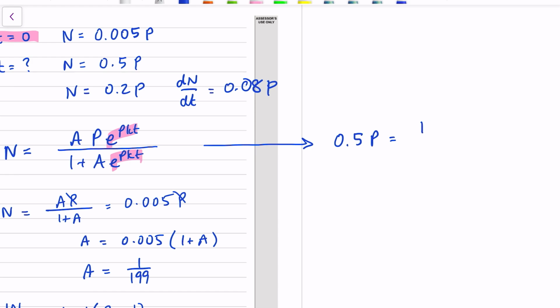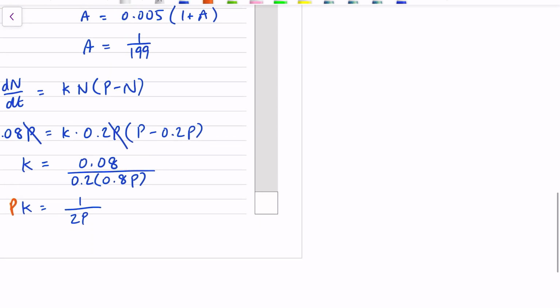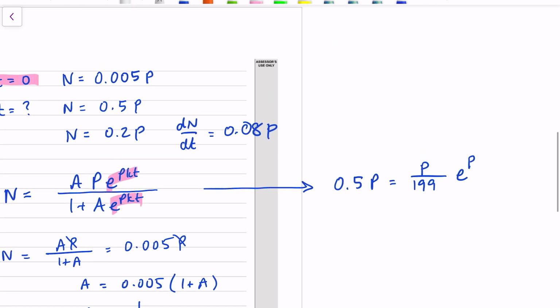So we've got p over 199 e to the p times kt, but we now know that k is equal to 1 over 2 times p, so pk is equal to a half. That's what I need. I didn't need what k was, I needed p times k. pk is a half. That's my power.